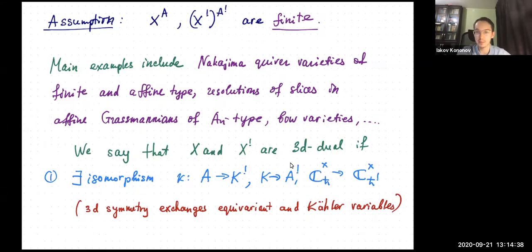So we have a map kappa from A to K factorial, from K to A factorial, and also some transformation of h bar, the torus acting on the symplectic form. Informally, it exchanges equivariant and Kähler tori.